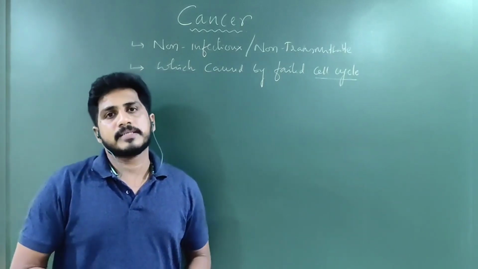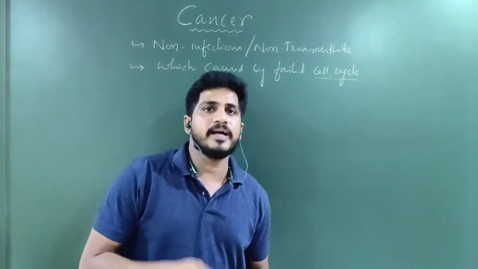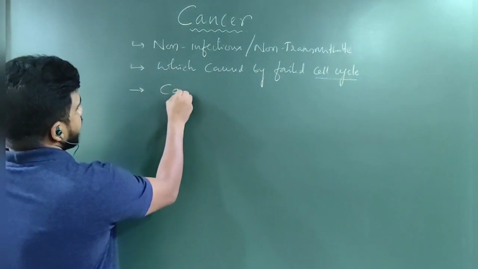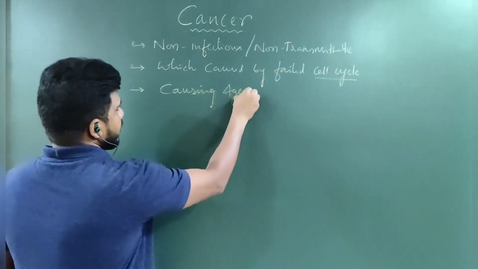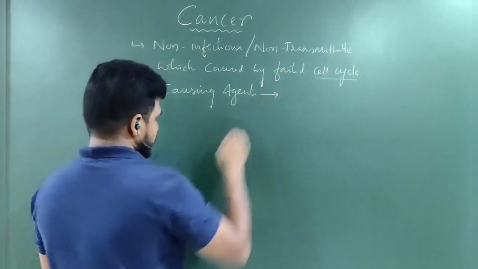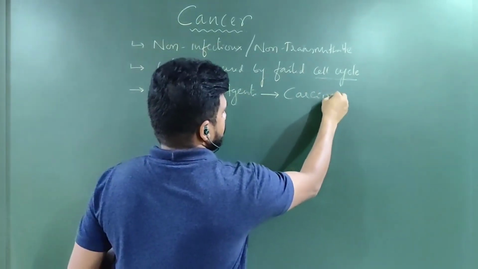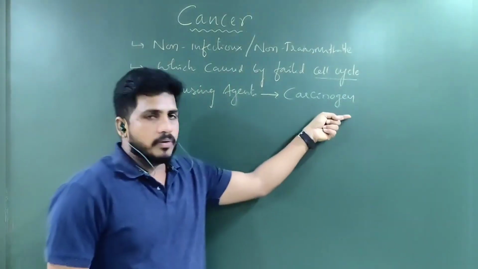How? Because of some genes. So cancer is also caused by genes. The causing agent of cancer is called a carcinogen. Carcinogen: gen means what?